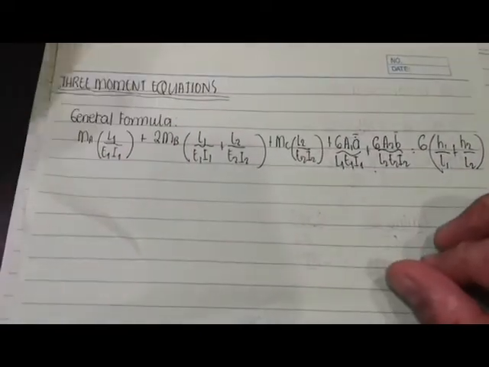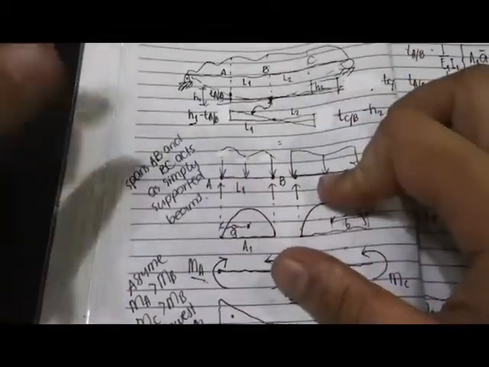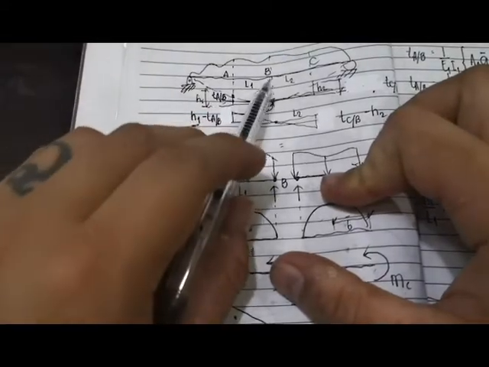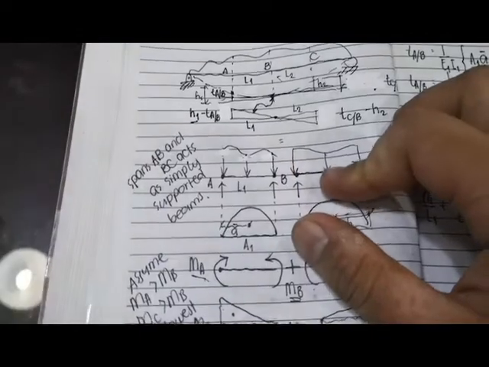So we assume that the EI of your first span, span AB, and span BC are different. What if your E is constant?